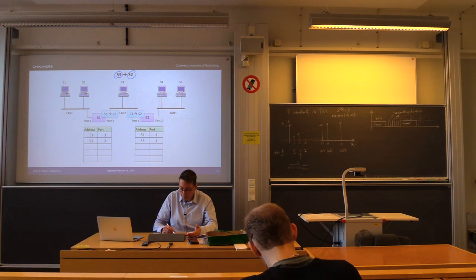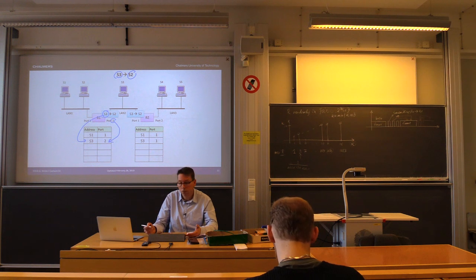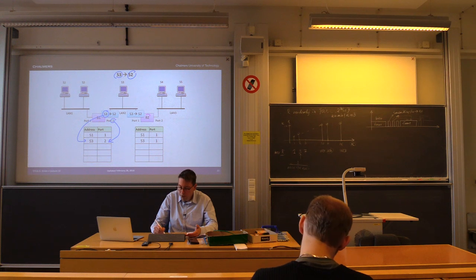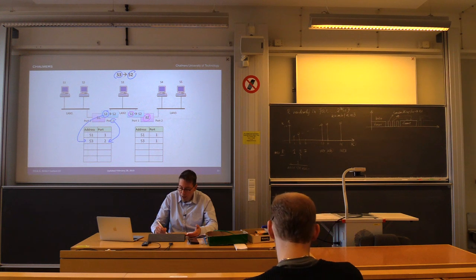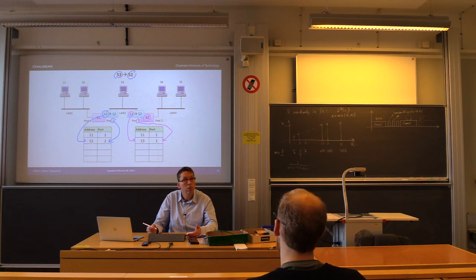Well, first of all, bridge 1 sees that S3 is apparently on my port 2. B2 sees that apparently S3 is on my port 1 and fills out the table.